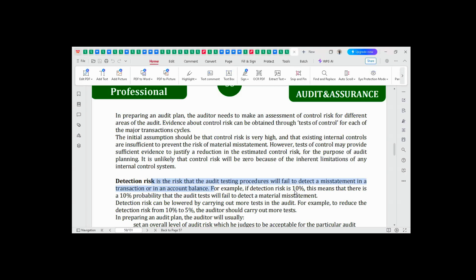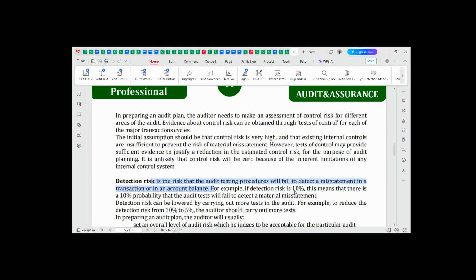So what we are saying in essence is this. As an auditor, you must ensure that your detection risk is very, very low.